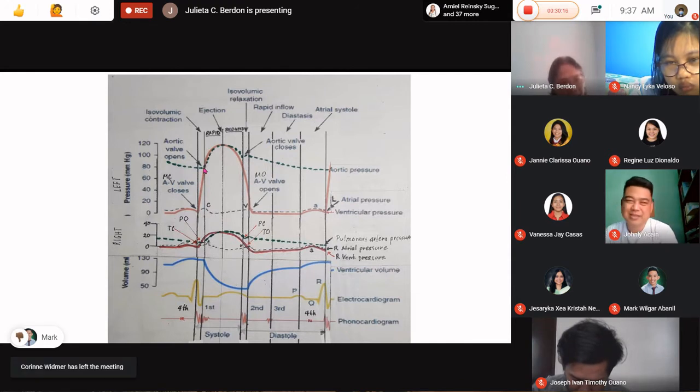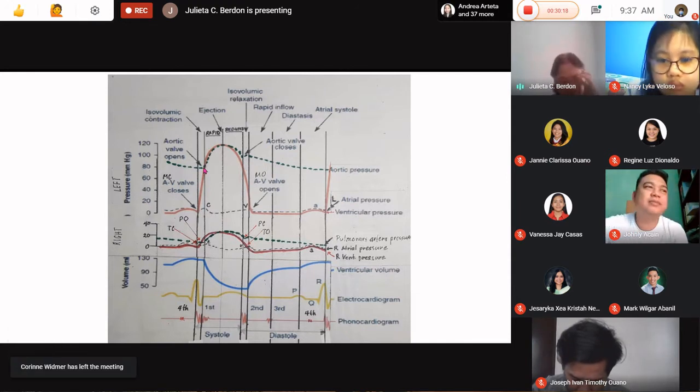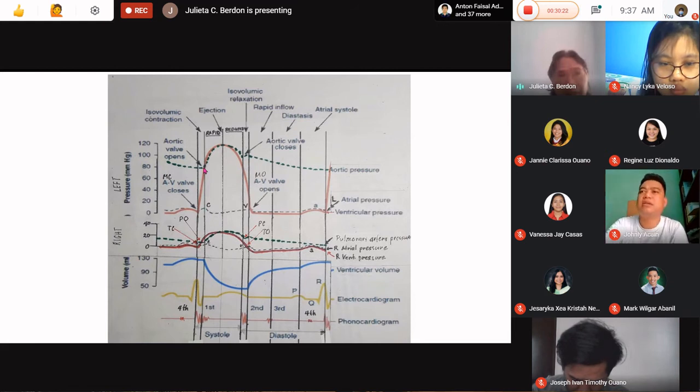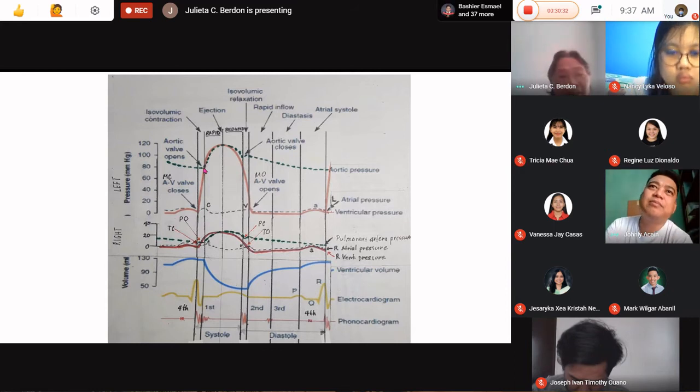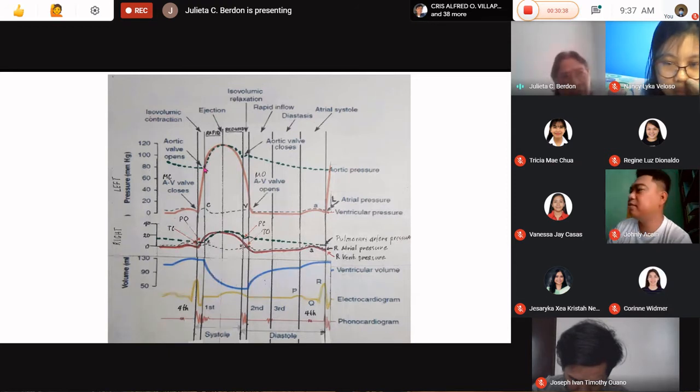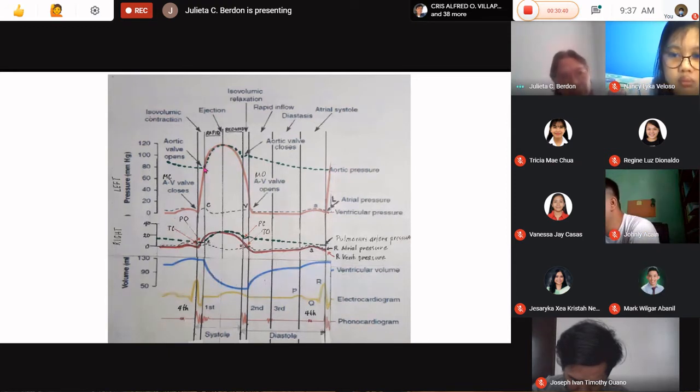What valve will open? The aortic valve will open. When left ventricular pressure is greater than aortic pressure, the aortic valve will open.